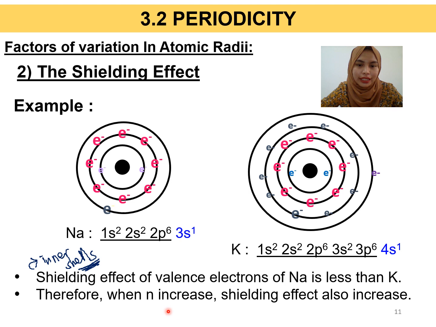Therefore, when n increase, bila number of shell increase, the shielding effect will be increased as well.